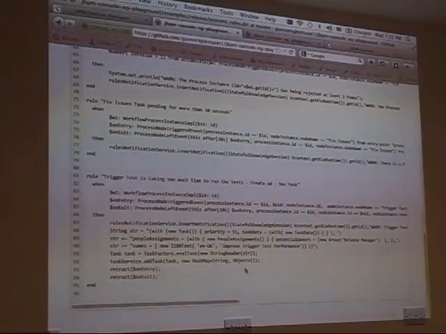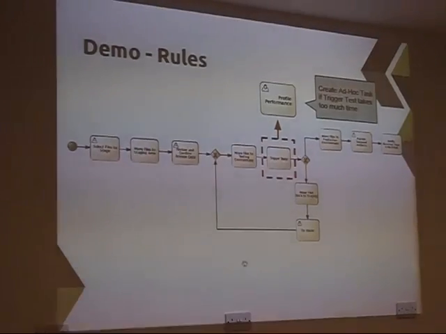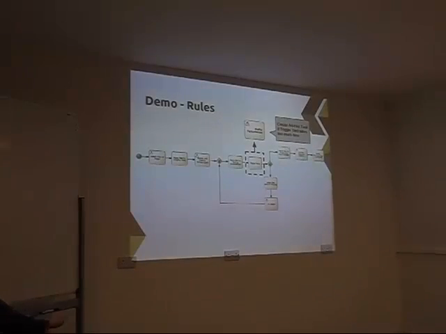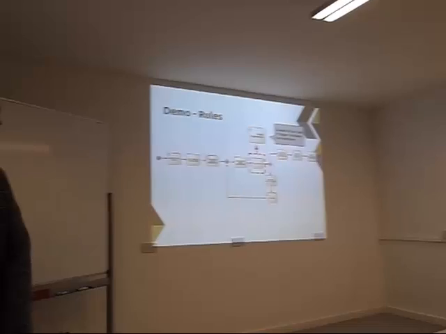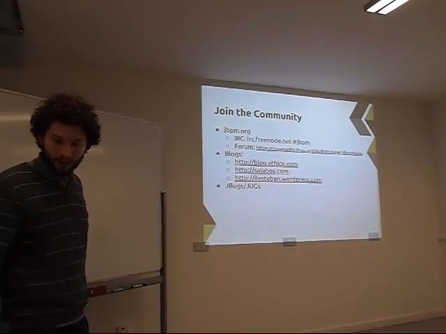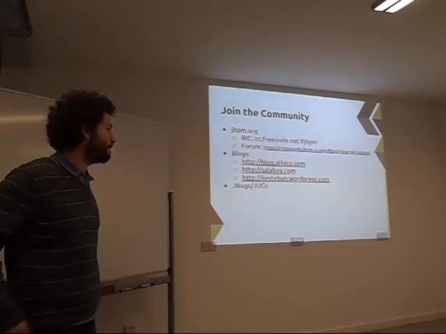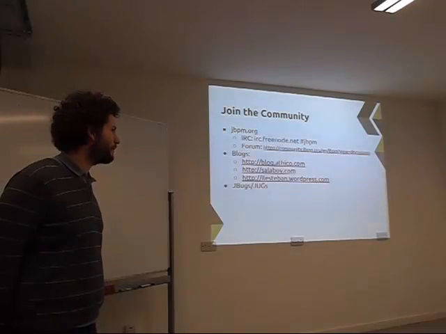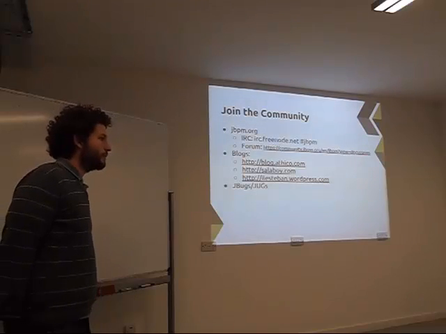So if you're interested in those topics, keep an eye on the blogs and keep an eye on the book as well. Because right now that we have published the book, we will be able to start writing more advanced blog posts about these kind of topics that we really love. Yeah, remember, even if this is jBPM6, all the APIs and all the features that we are using in the console are already present in jBPM5.